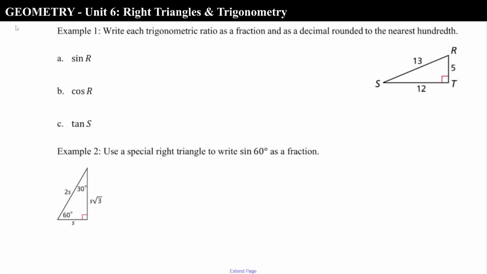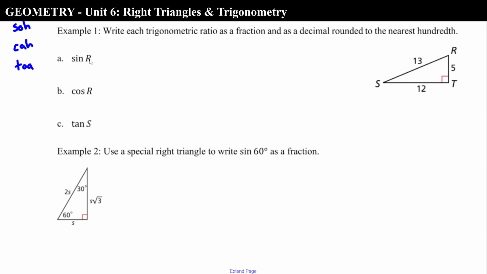You can think of this as SOH CAH TOA. Sine is opposite over hypotenuse. Cosine is adjacent over hypotenuse. Tangent is opposite over adjacent. SOH CAH TOA. If you can remember that mnemonic, you will be just fine in doing trig.